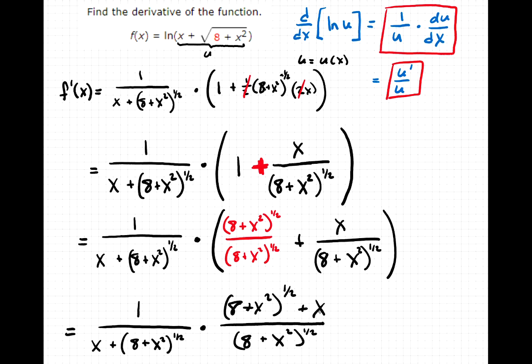And the denominator of the first fraction is equal to the numerator of the second. So we can do this and we can do this. They cancel, leaving us with simply 1 over 8 plus x squared to the 1/2 power.